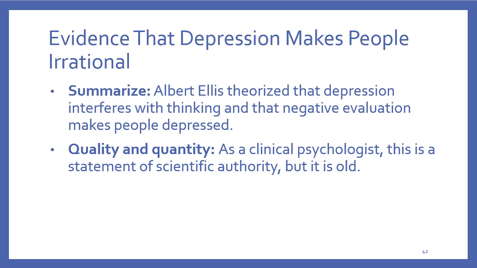So Albert Ellis, who came up with a couple of things, among them rational emotive behavior therapy, came up with this idea that we have these things that make us behave a certain way. We call them antecedents, right? So if somebody cuts you off in traffic, that's the antecedent to your behavior, which is maybe to honk your horn or flip them off or whatever you might do.